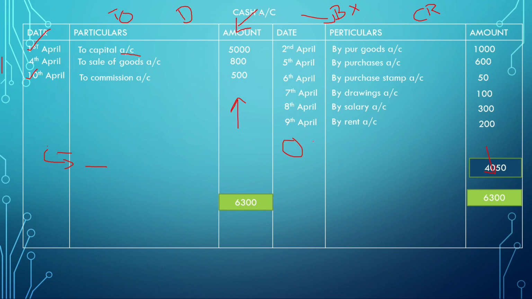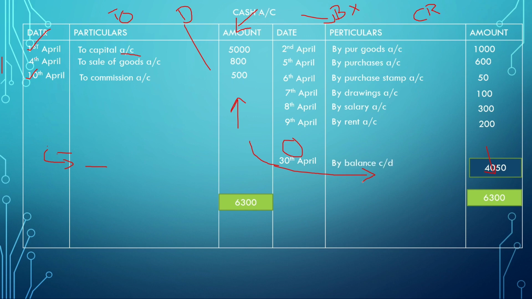Here the debit total is big and the credit total is small. Based on the debit total, the credit total has this much difference. The difference we can call the balance carried on.